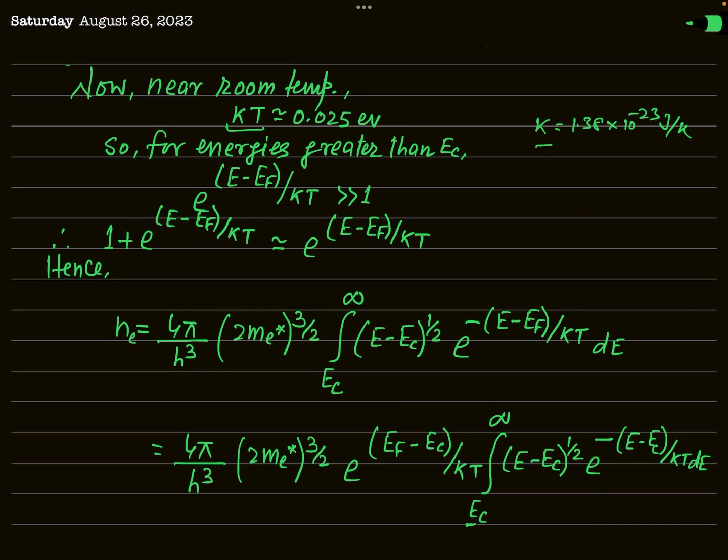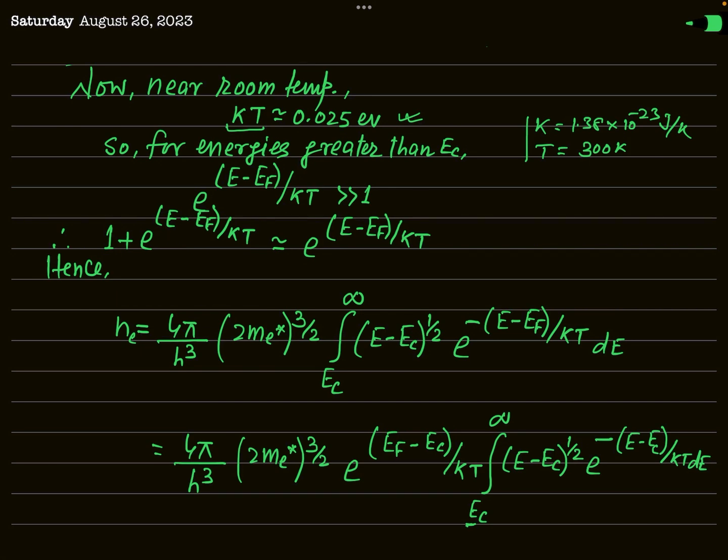And when you talk about room temperature, T is almost equal to 300 Kelvin. So when you multiply it, you get the energy in joules, and when you divide that value by 1.6 into 10 to the power minus 19, you get the energy in electron volts, and that comes out to be 0.025 electron volt. So KT is this much.